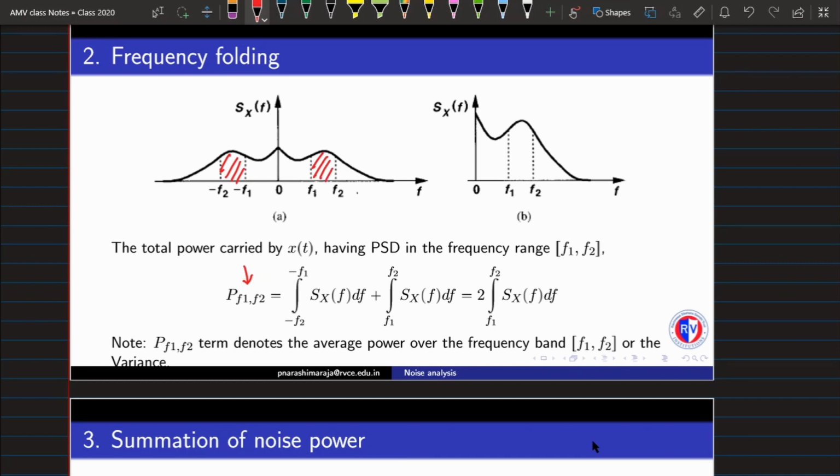Now one could use the folding technique to just consider only the positive side of the frequency spectrum. So that would result in a quantity which could be written as twice the spectrum that we have on the positive side of our frequency spectrum.